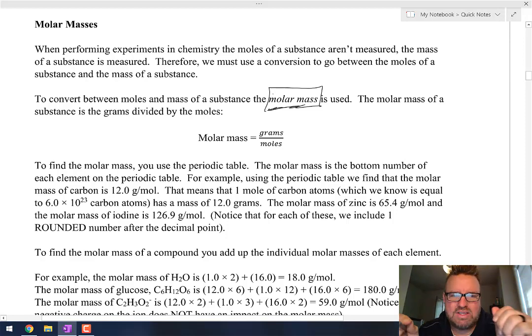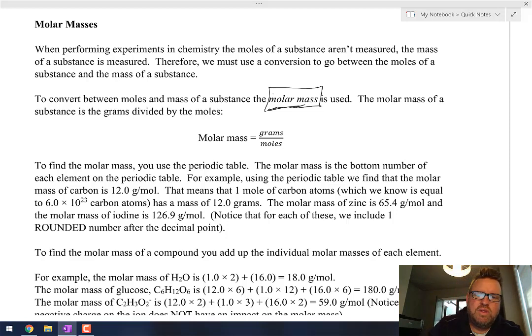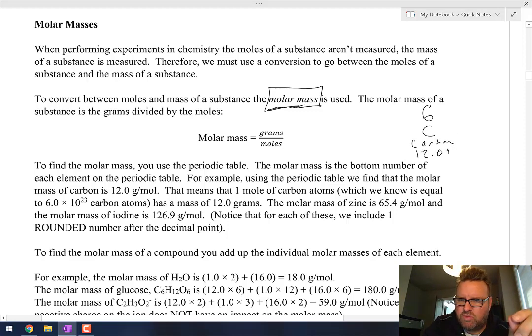The molar mass of a substance is equal to the number of grams in that substance in 1 mole. Okay? So, the way that you do that is you simply go to the periodic table. Remember on the periodic table that, for example, carbon is at 6, and then it says C, and then it says carbon, and then at the bottom it says 12.01, maybe 12.011.